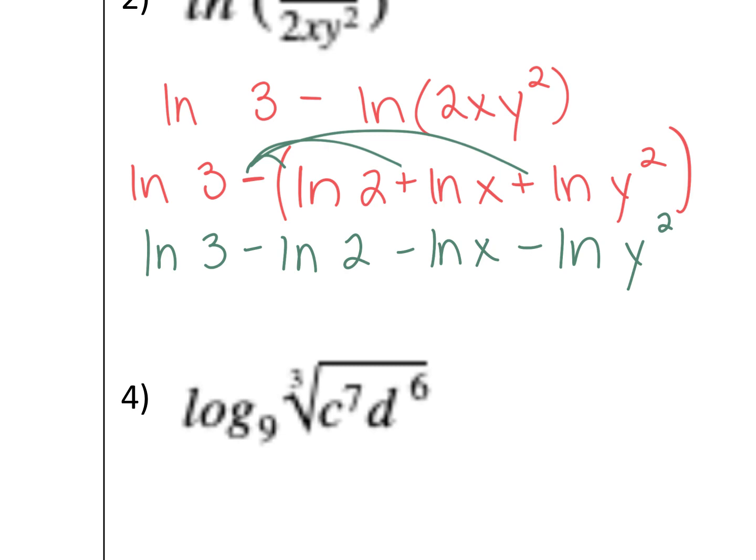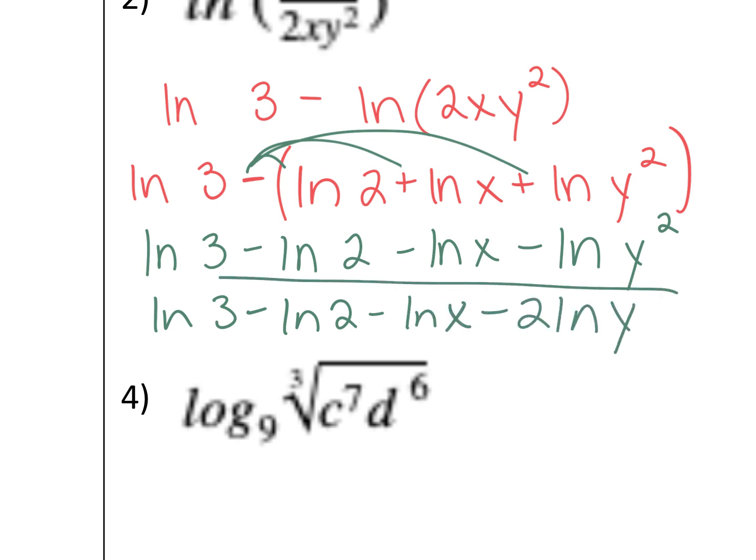And the exponents have to move to the front. So natural log of 3 minus natural log of 2 minus natural log of x minus 2 natural log of y. That's all I can do. Okay, any questions there? How did we do? We either did well or we know what we did wrong.